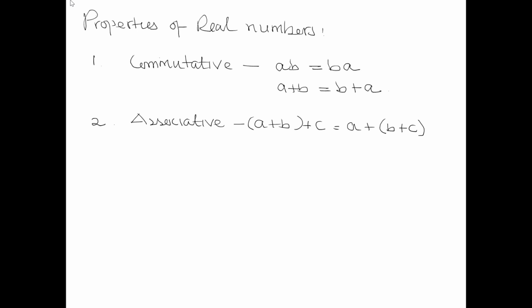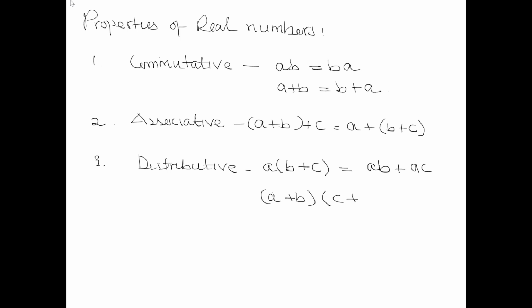That will not change the answer if you're multiplying or adding. Then we can also say that they are distributive, meaning that you can expand, like we've expanded here. A goes with B, and then A goes with C, then you have AB plus AC. You can also expand larger groups, like we've shown there.